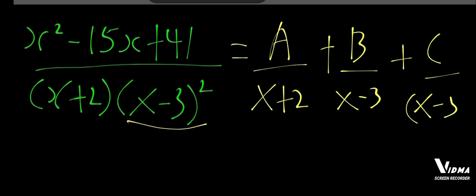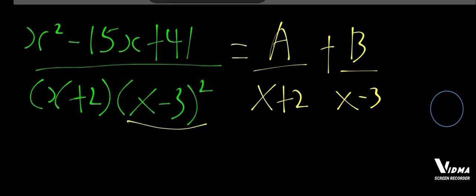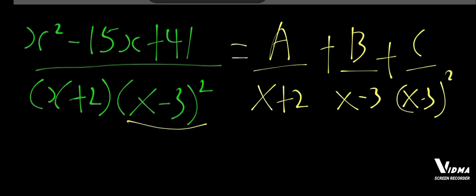Let me rewrite that. C over x minus 3 squared. Okay. So with this case, the approach is a bit different, but it's the same for our a.